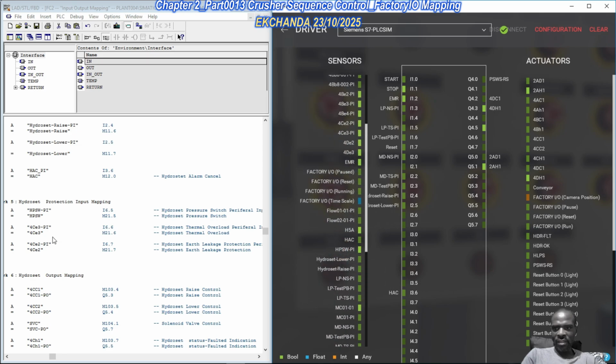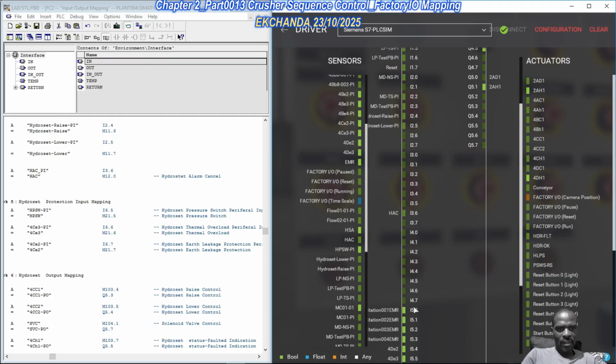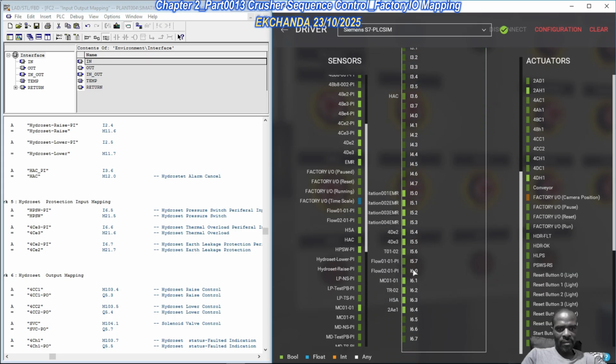Hydroset pressure switch, the address of which is input 6.5, which is right here.